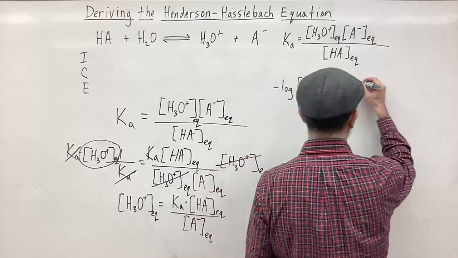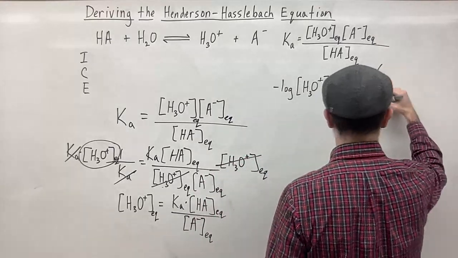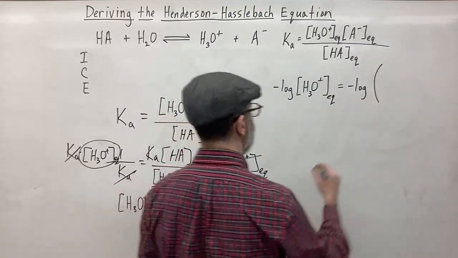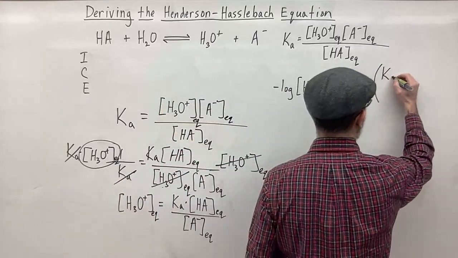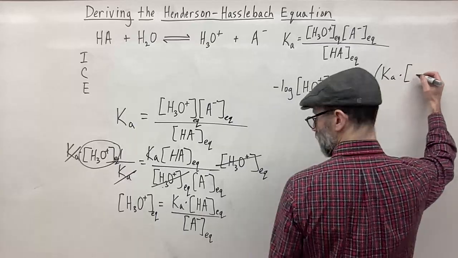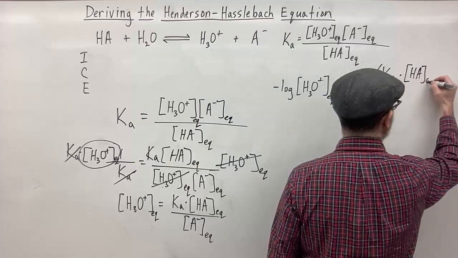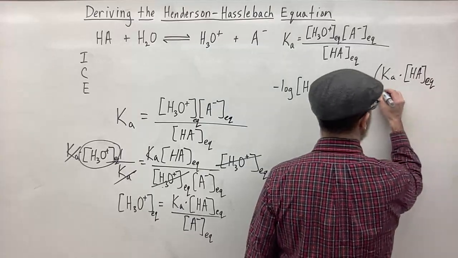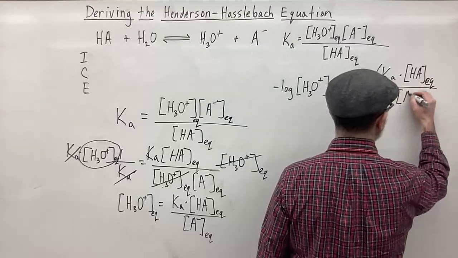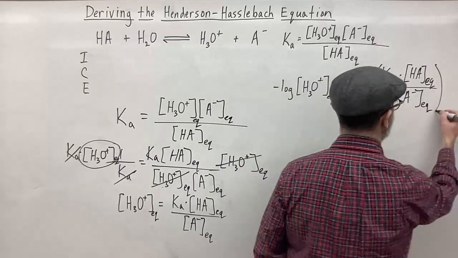So I'm just going to put this in parentheses: Ka times the concentration of HA at equilibrium over the concentration of A- at equilibrium.